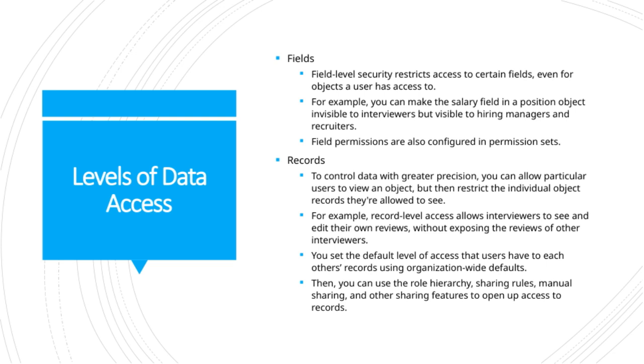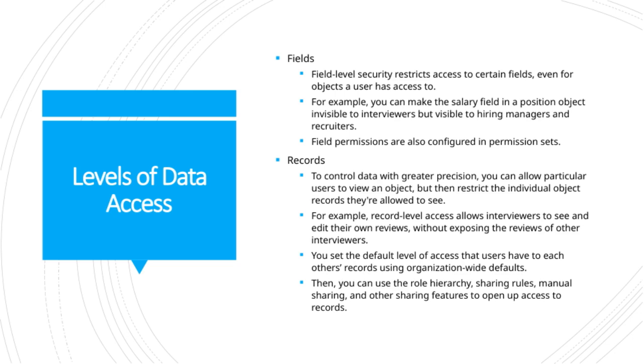Moving on to records. When you need even more precise control, record-level access becomes important. You can allow users to view an entire object, but then restrict which individual records they can see or edit. A good example is interviewers seeing only their own reviews, so they can view and update their reviews, but not access others. To set the default level of access across the organization, we use organization-wide defaults.